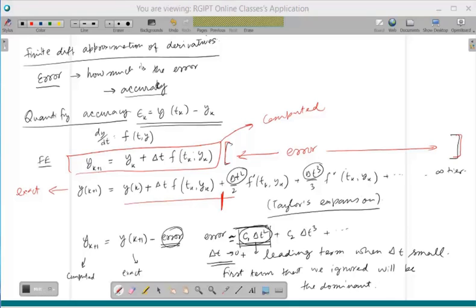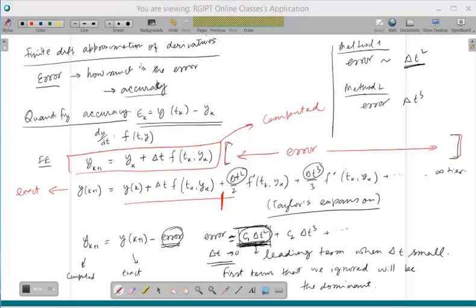Okay, so now answer me this. Suppose method 1 has error scaling as delta t square, the dominant term that we ignored is delta t square, versus a method 2 where the error scales as delta t cube, and so on.